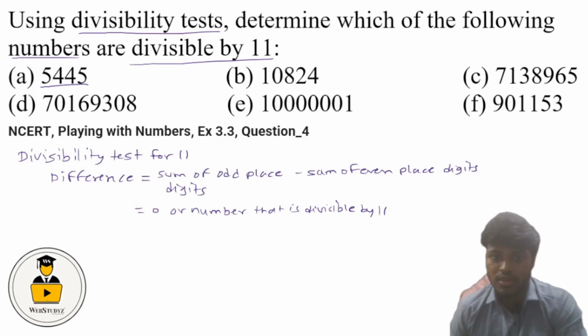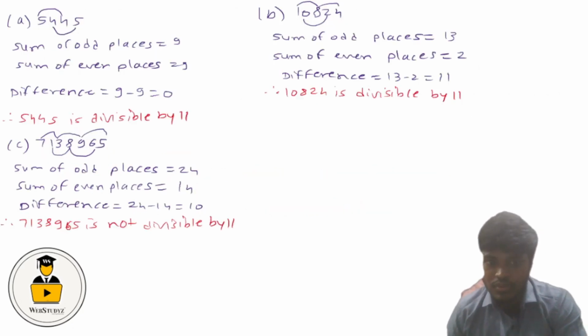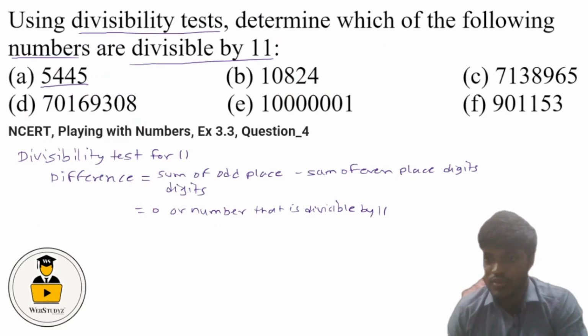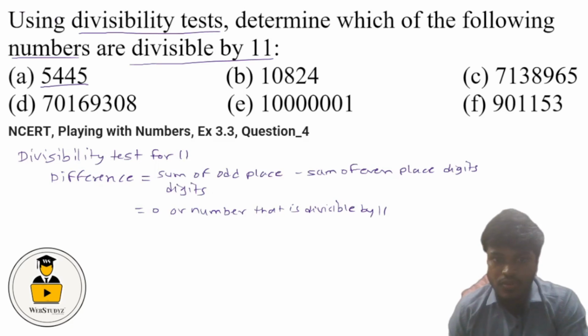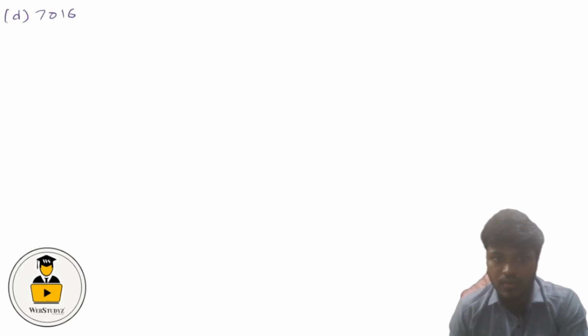Now let us consider the next example. We have 70169308. Let us find out the sum of odd places.